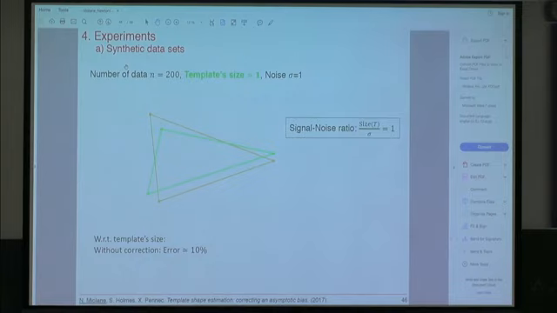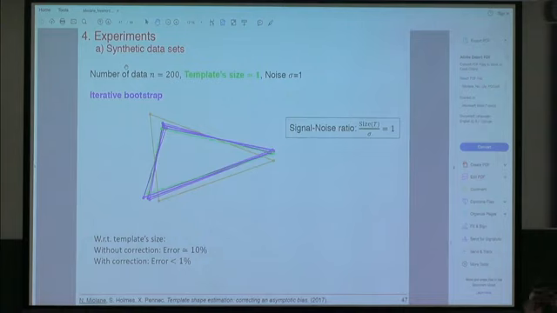This is the initial estimate of the template. And without correction, you can see that the error is of 10% with respect to the template size. And the iterative bootstrap allows you to correct it so that the error at the end is less than 1%. So you can see the iterations in blue, and they converge to the green one.